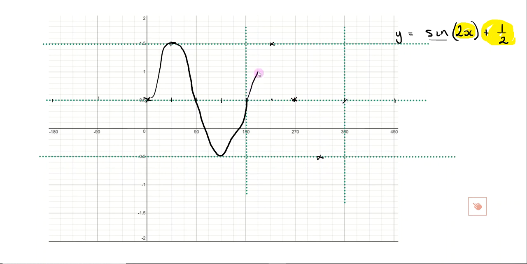So I've now drawn my 2 wavelengths done in 360 degrees.